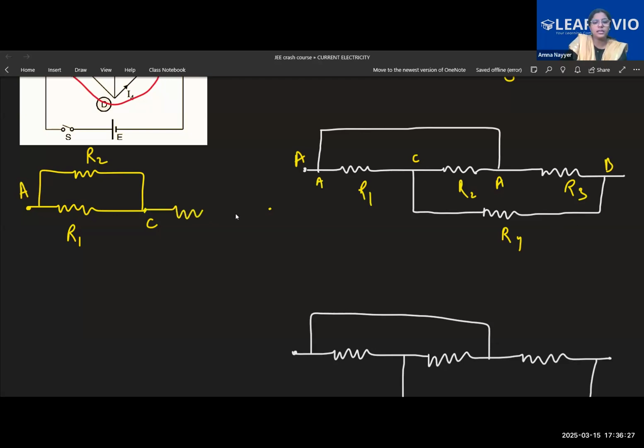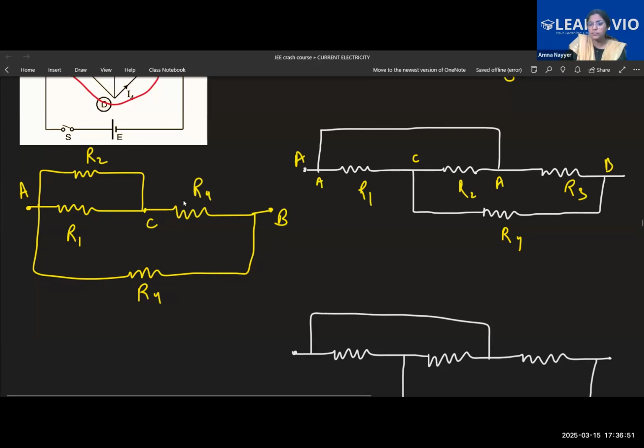This point B which I chose, R4. And between A and B, R3 is there. So connect A and B, R4. Now this is easier to solve. These 2 are in parallel, this with the resultant in series, with the resultant in parallel. Will you be able to solve this one?